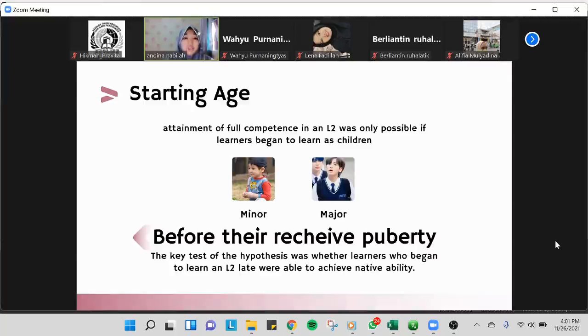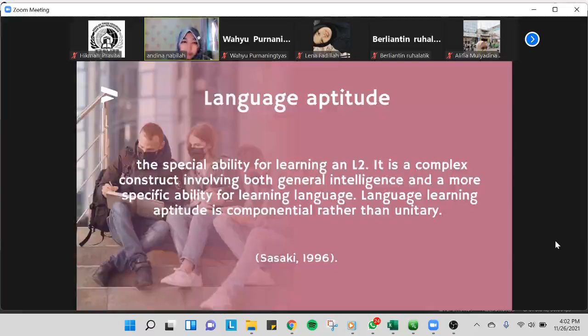Attainment of full competence in an L2 was only possible if learners began to learn as a child. Younger learners will have a lot of vocabulary, or more likely they will have better language than older learners. Before they reach puberty, the younger learner has the key task of the hypothesis, which was whether learners who began to learn an L2 late were able to achieve native ability.